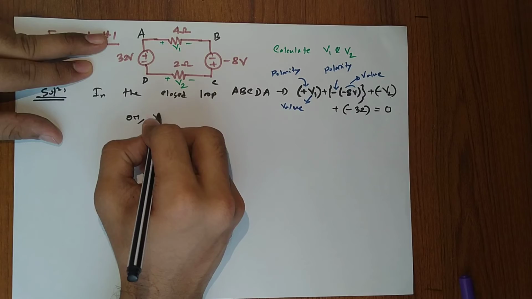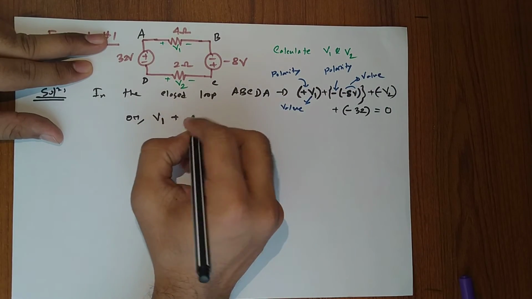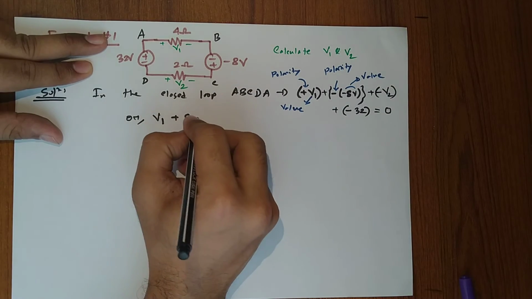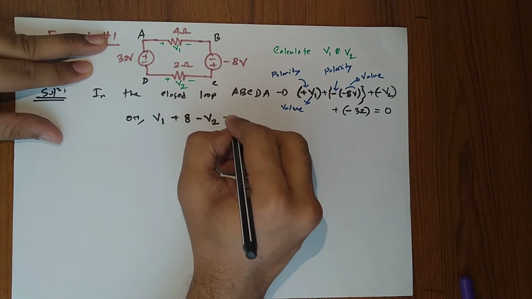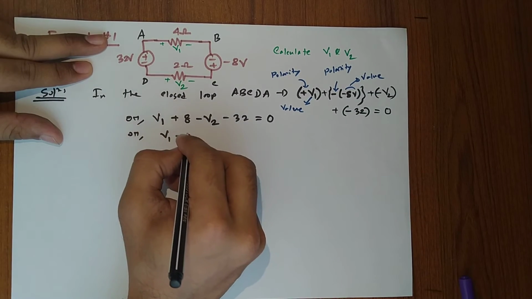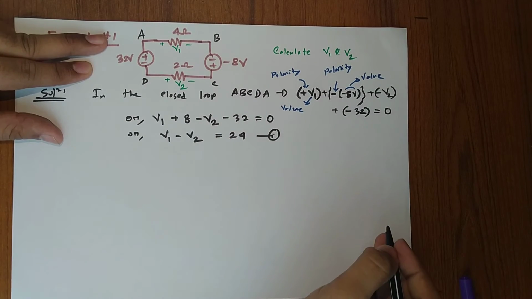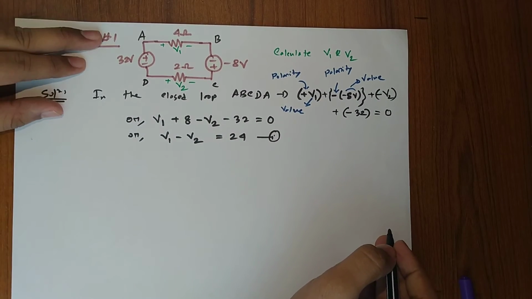So V1, negative times negative is positive, so positive 8 minus V2 minus 32 is equal to 0, or V1 minus V2 is equal to 24. This is equation 1.